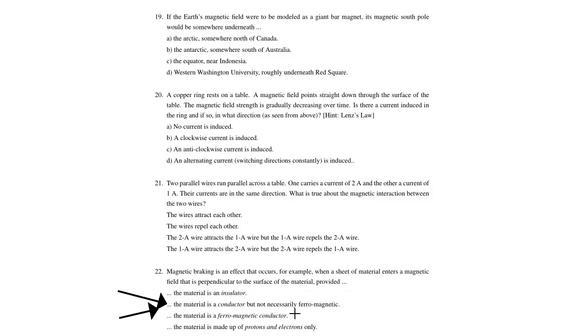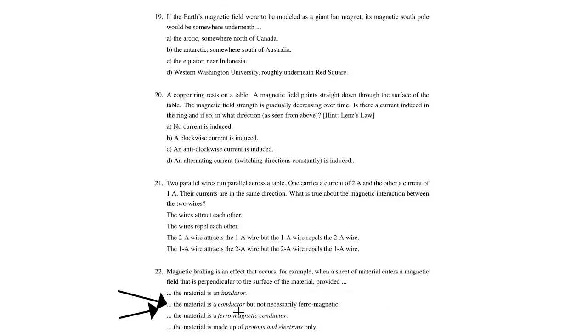It doesn't have to be ferromagnetic. Even something like aluminum will not get attracted to a magnet, because it doesn't have the same structure in terms of magnetic domains that, say, an iron nail has on the inside.